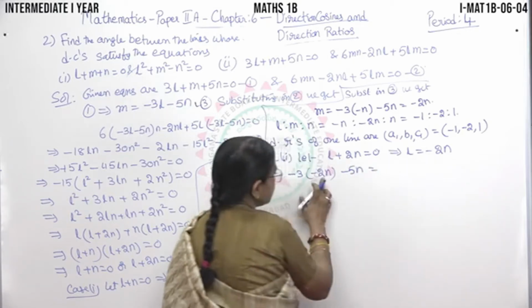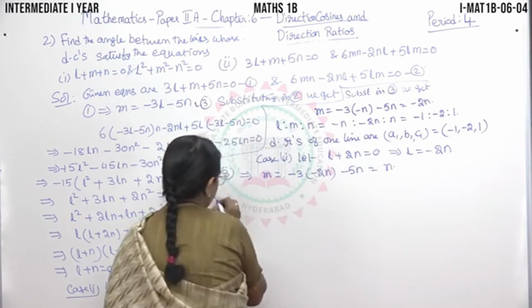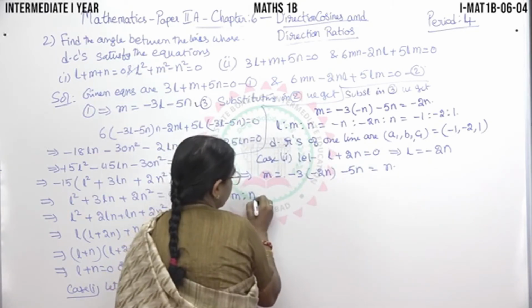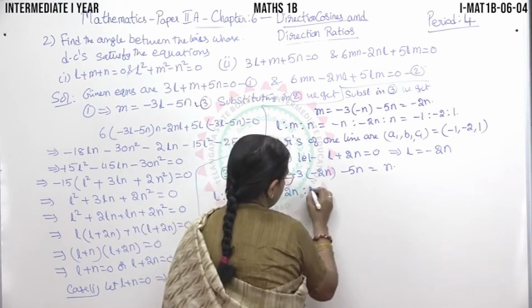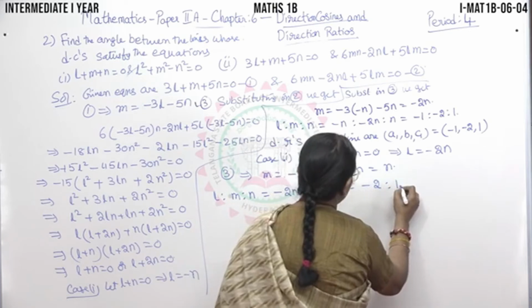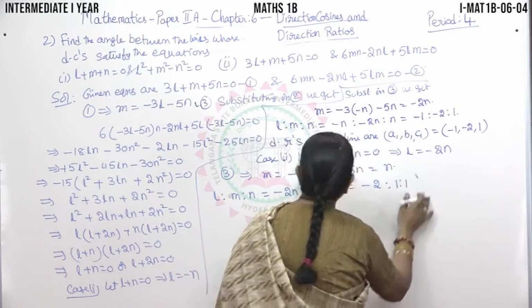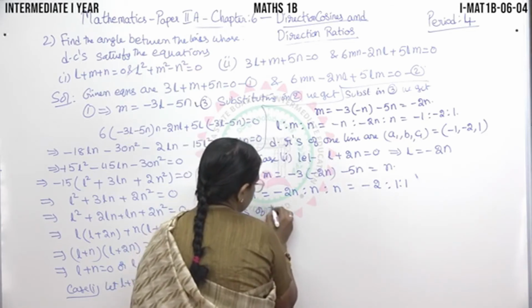So that is 6N minus 5N, that is N. So now we'll find L is to M is to N. So L is minus 2N is to M, M is N is to N. So that is minus 2 is to 1 is to 1. Now we'll write, therefore, the direction ratios of the second line.